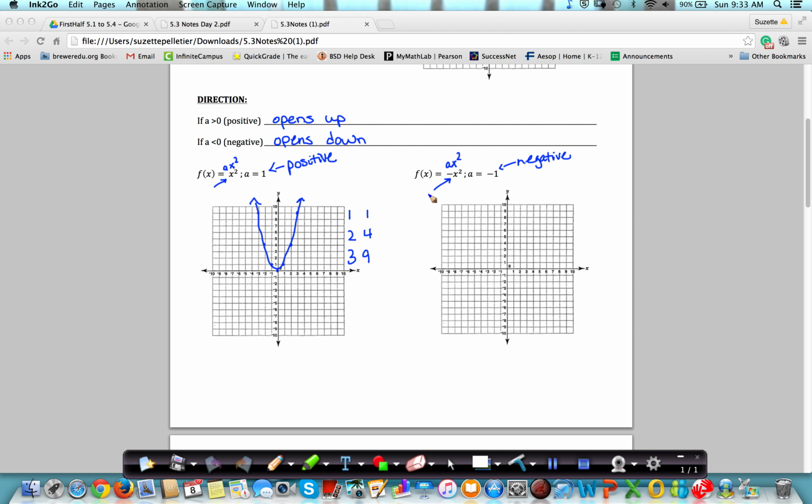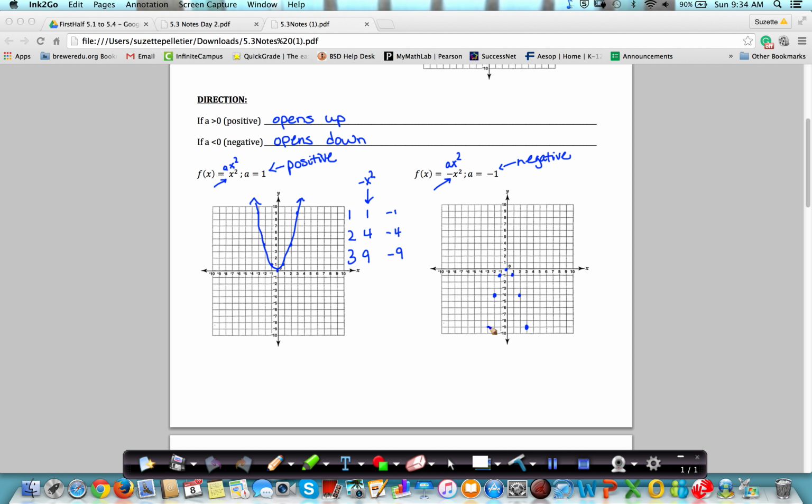So when it opens downward, we're taking the opposite of all of these, right? The opposite of x squared. So we squared it, we got 1. Now I need to take the opposite and get -1. When I square the 4, I'm going to take the opposite, -4, opposite, -9. So it's just telling you that instead of going up 1, we're going to go down 1, and over 2, down 4, over 3, down 9, and we're still going to mirror it because it's still a symmetrical object, right?